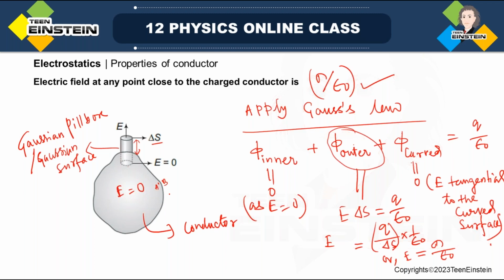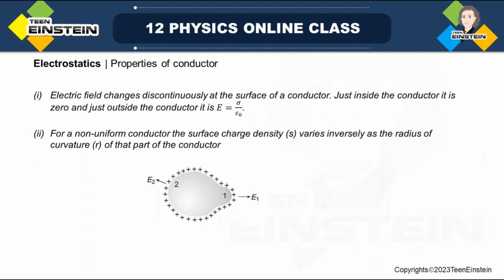The electric field at A is 0, whereas at B, just outside the surface, it is sigma by epsilon 0. That means there is a discontinuity. So the electric field changes discontinuously across the surface of a conductor.